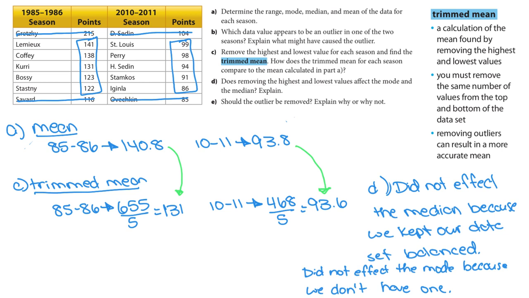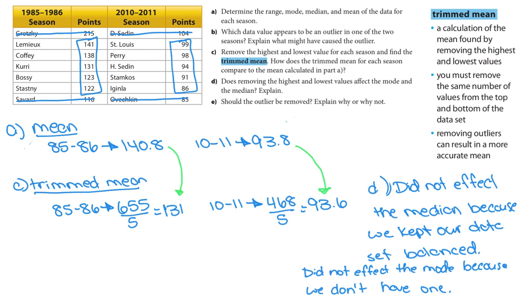The final question is, should the outlier be removed? Why or why not? So that's really a personal opinion, and it really depends on what type of information you're trying to get out there. So, for example, if the purpose was to make a statement about Wayne Gretzky's ability to shatter records and affect the overall averages, then of course you would keep that in there.